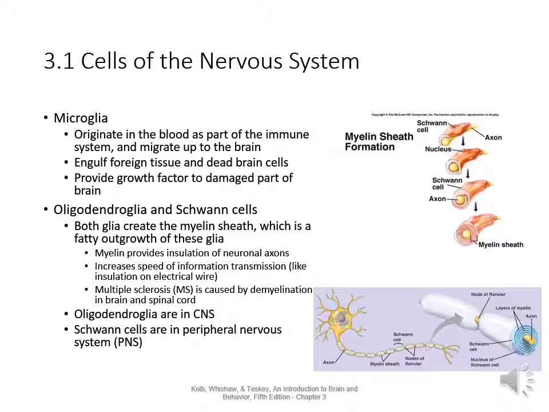Oligodendroglia are in the central nervous system, while Schwann cells are in the peripheral nervous system. So they both essentially do the same task, but do it in different nervous systems.